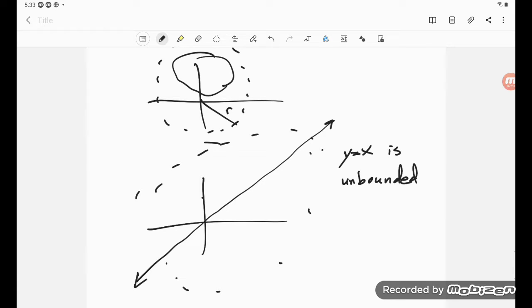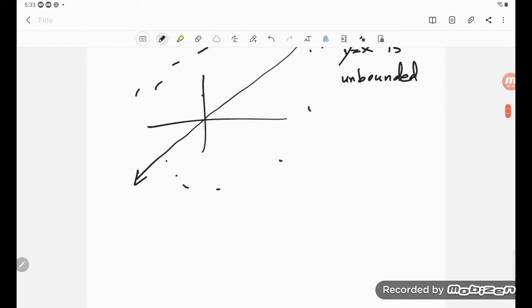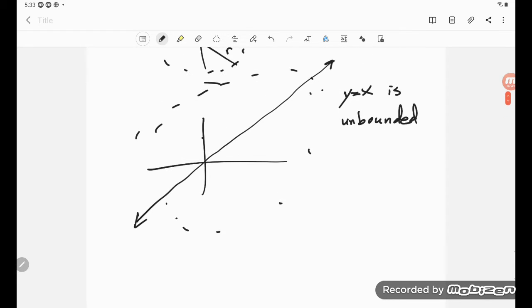Now, there are actually cases of infinitely long paths, though. We'll talk about paths in a minute, but I can think of this path here and say, oh yeah, it's an infinitely long path. So of course it's unbounded.